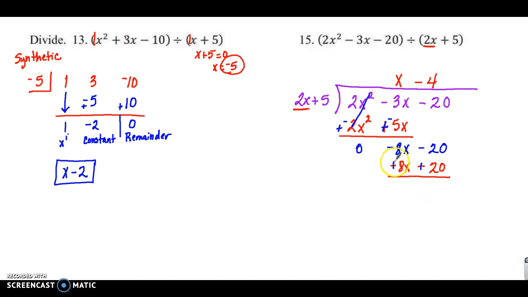We're adding a negative, so we're changing that sign. These cancel, and these cancel, leaving us with the remainder of 0. And so 2x squared minus 3x minus 20 divided by 2x plus 5 gives you x minus 4.